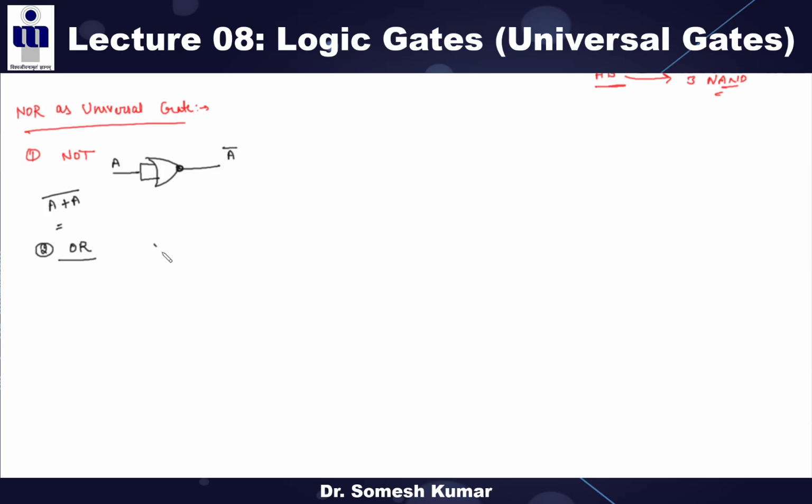Tell me. What is the output here? And if we give the same to the next NOR gate, then what will it give? It will give the OR gate, right?